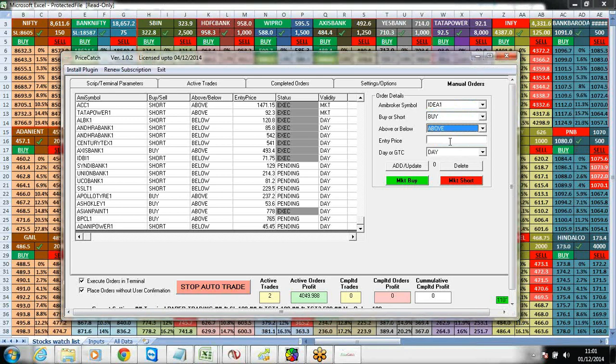See, all three are independent softwares. They don't have anything to do with each other, but if you use all three, it will work better for you. 162.50 is the entry. So I just place the order for idea.